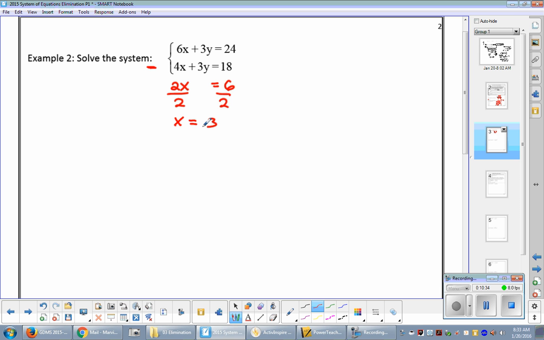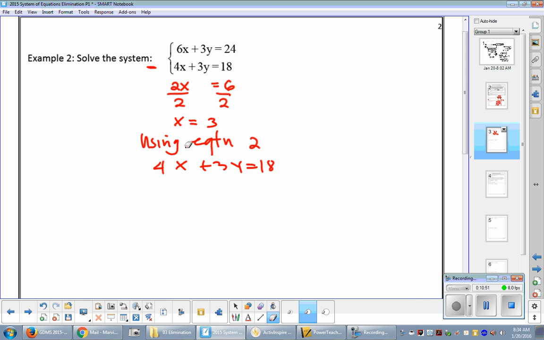So using equation 2, I will have 4x plus 3y equals 18. I will replace x here by 3, since x is equal to 3.